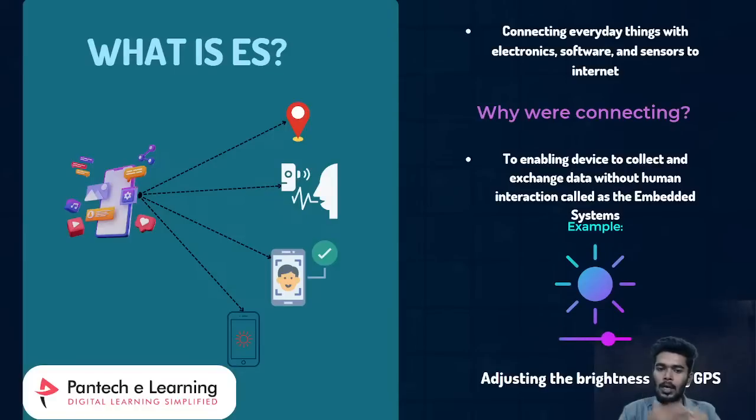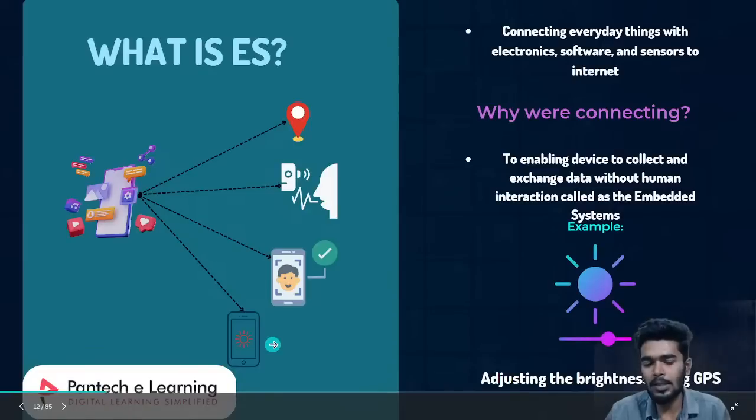So by configuring and developing an embedded system, what are the benefits? By enabling the device, we can collect and exchange the data without humans. Nowadays you would have come to see lots of technologies around you, all communicating, collecting and exchanging data without human interaction. That is what is called an embedded system. Like when we take our smartphones, we have GPS locations, voice detection, face detection, and adjusting of brightness.